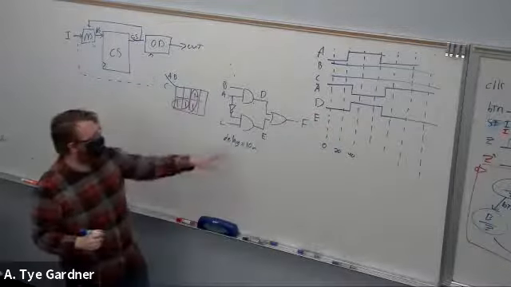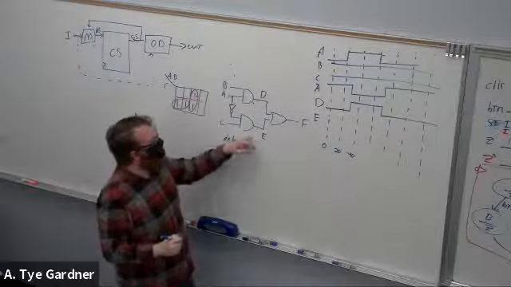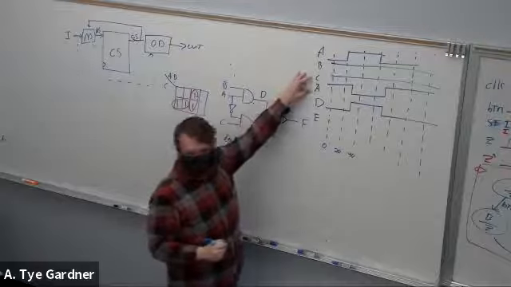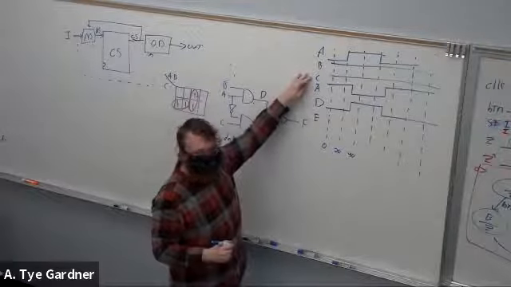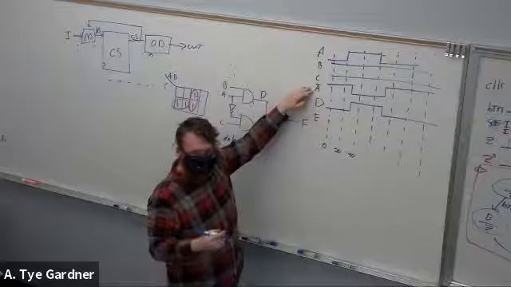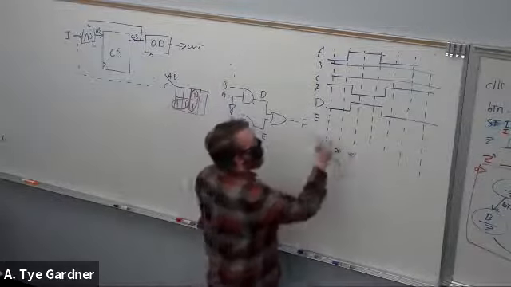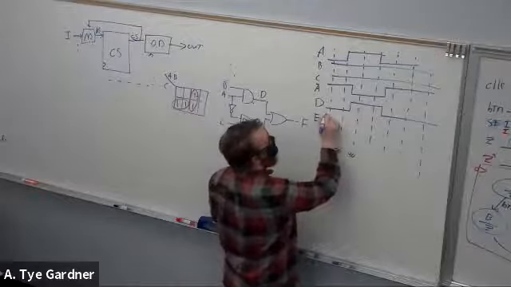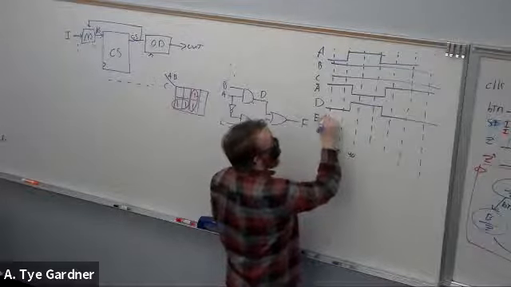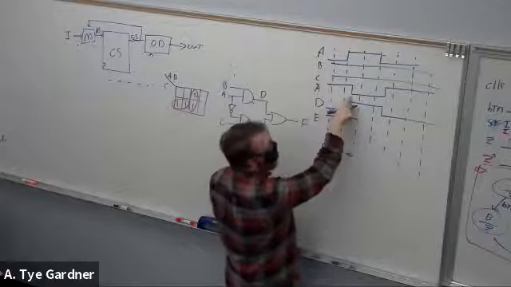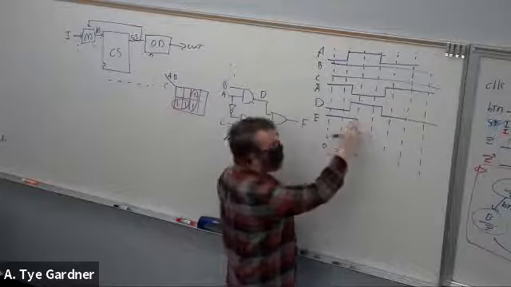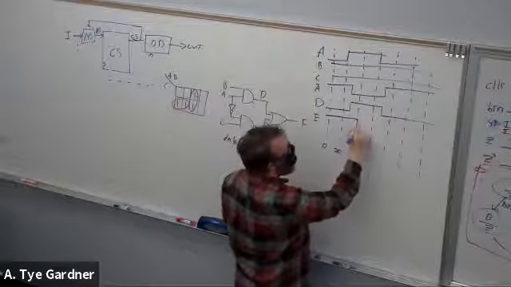Now E, the output that is considering A bar and C. The C is always 1, so we care about A bar with a 10 nanosecond delay. Okay, so A bar is 1 here, but I need a 10 nanosecond delay. So then it drops.